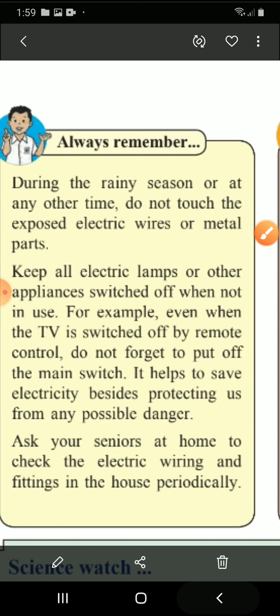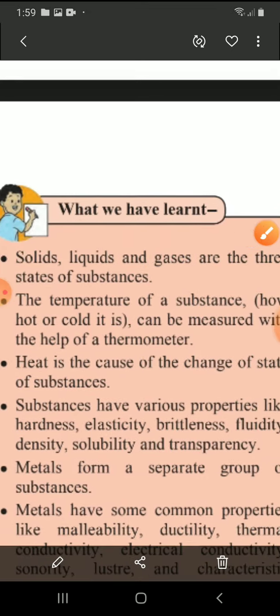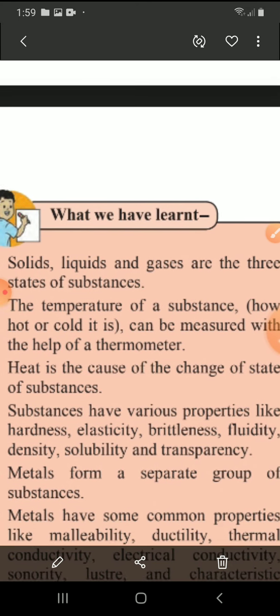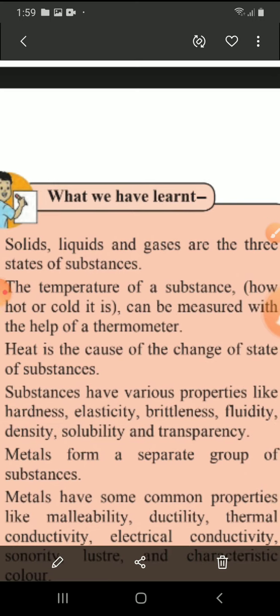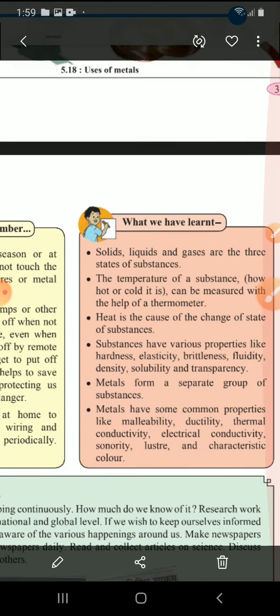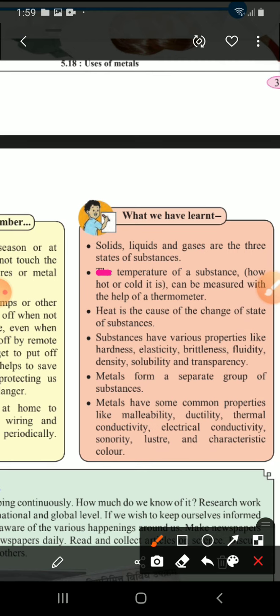Now, what we have learned from this lesson: solids, liquids, and gases are the three states of substances. The temperature of the substance, how hot or cold it is, can be measured with the help of a thermometer.